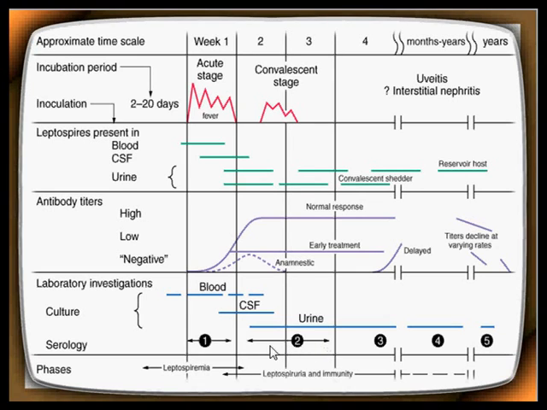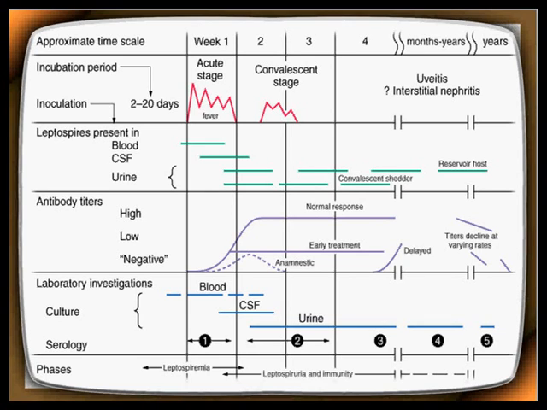From the second and third weeks onwards, serology is useful, and in chronic patients also serology will be useful. So the phases of the disease are the leptospiremic phase in the first week, leptospiruria, and then the immunity phase from the second week onwards throughout the duration of the presence of the organism.